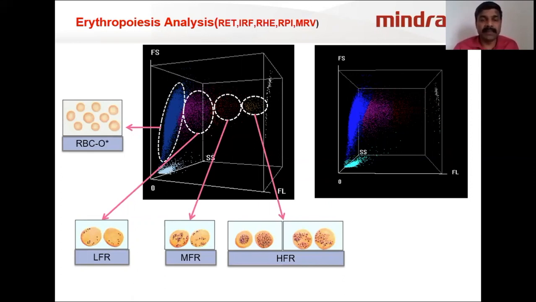All these parameters give you the total information regarding the erythropoiesis. It will give you the erythropoiesis activity level in terms of IRF. It will give you the quality of the erythropoiesis in terms of reticulocyte hemoglobin.